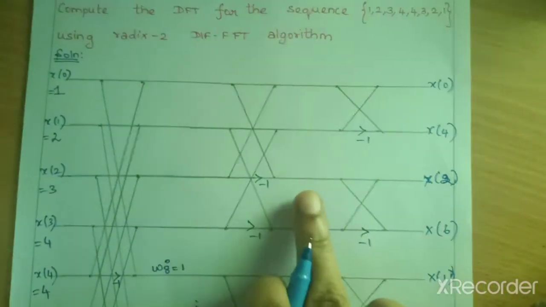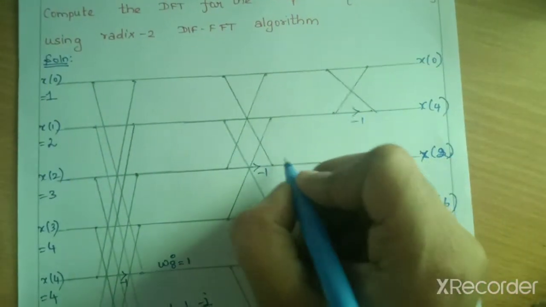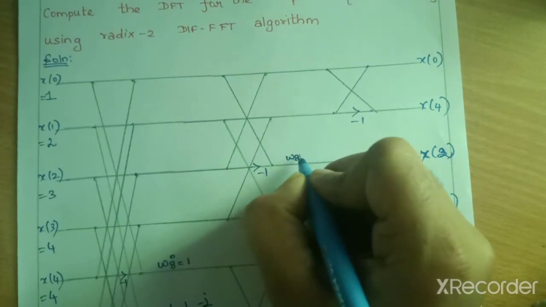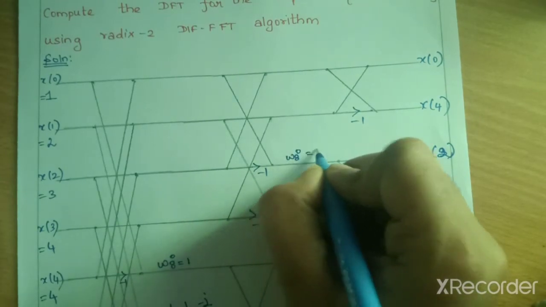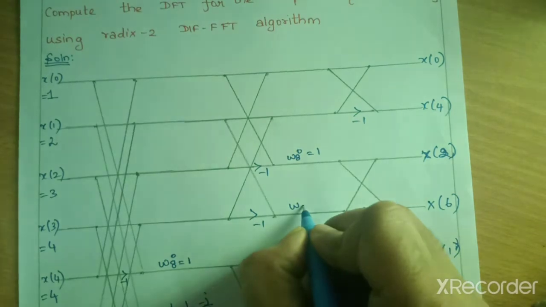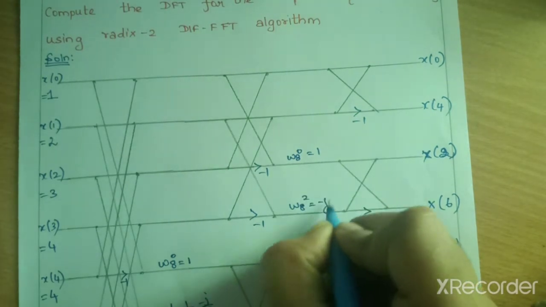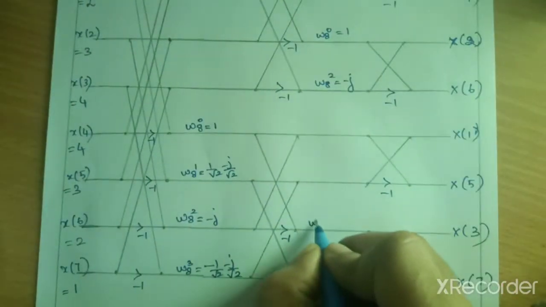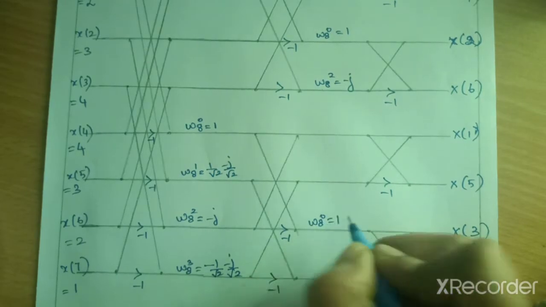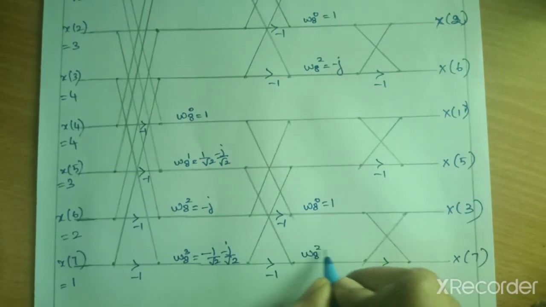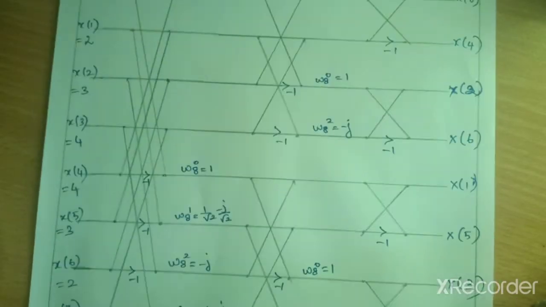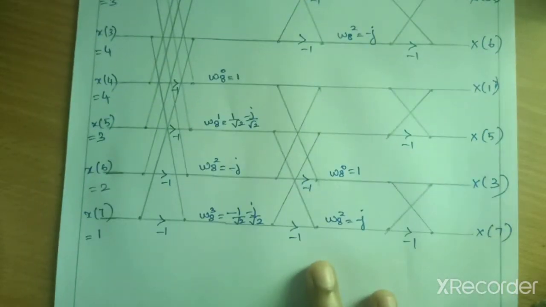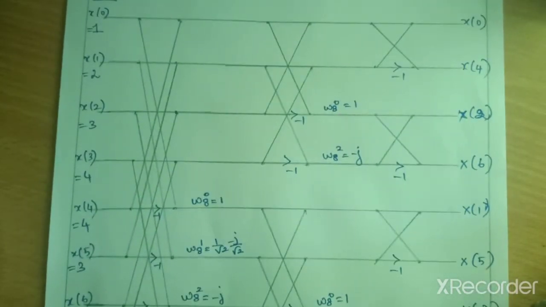So similarly here also we have to write omega 8 naught is equal to 1. So omega 8 square is equal to minus j, and here also we have the values 1 and minus j. So you have to write these values for all the stages.